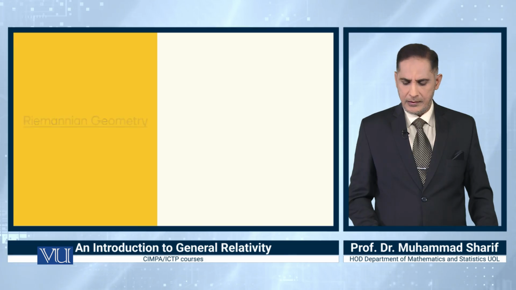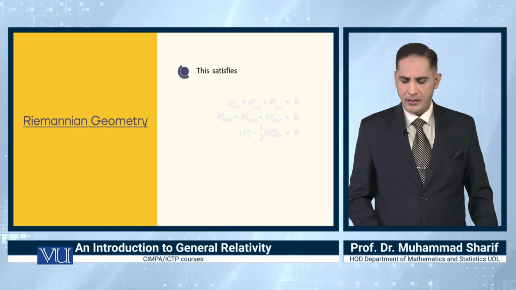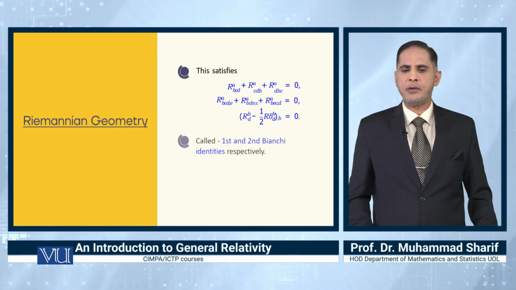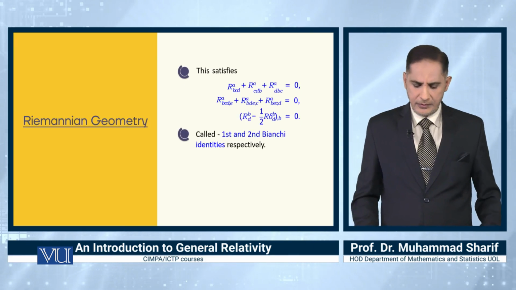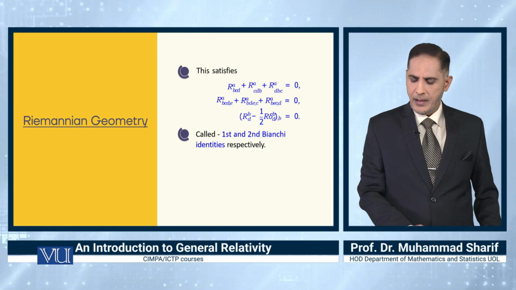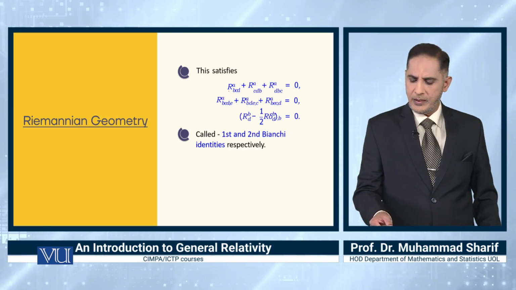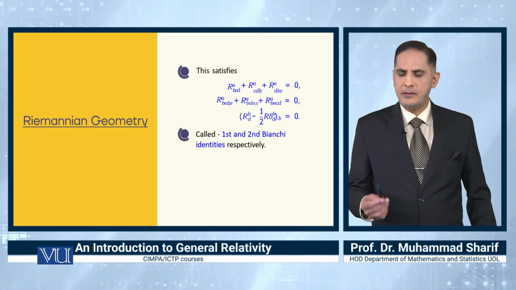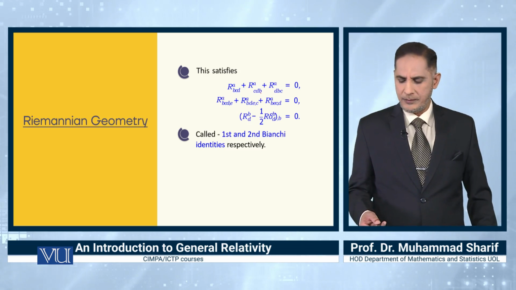Here I shall explain some of the identities coming from the curvature tensor. You can see these 3 identities. The first is the combination of 3 different curvatures, obtained by cyclic permutation.